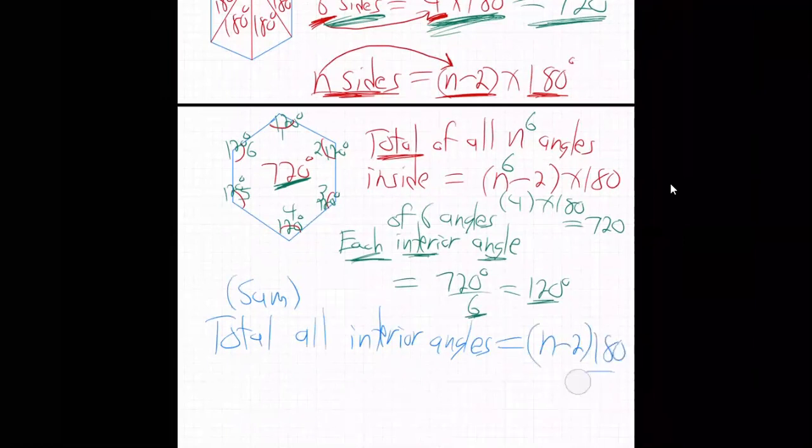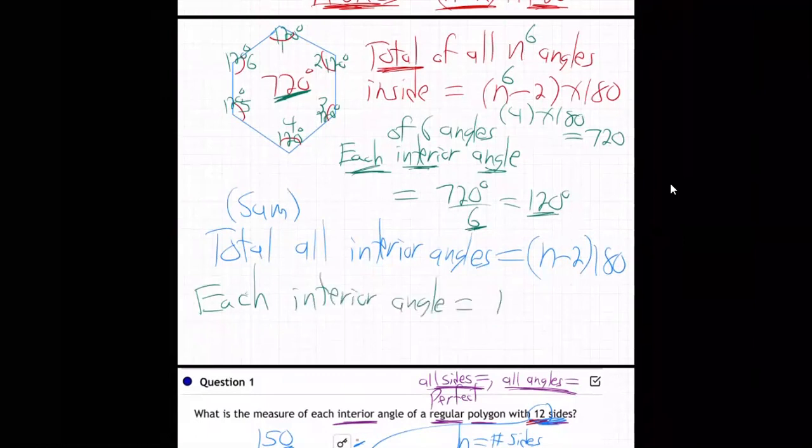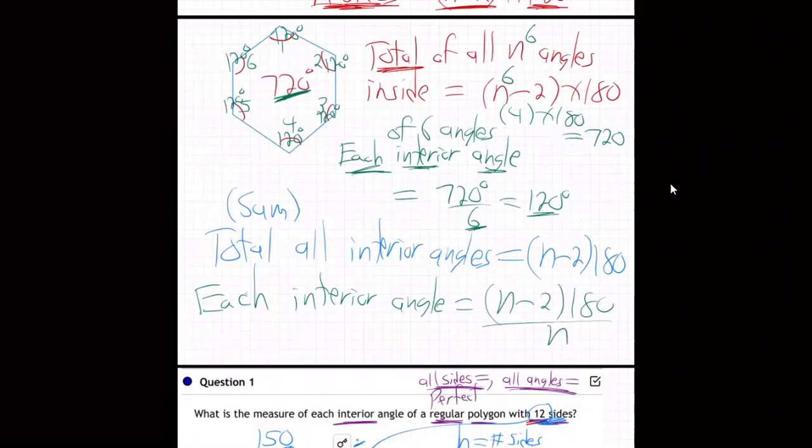And then for each interior angle, it's n minus 2 times 180, and then you divide by n. We did 6 because we had 6 in particular, but in general, you have n sides. So you just divide by the number of sides. That's how they came up with that formula.